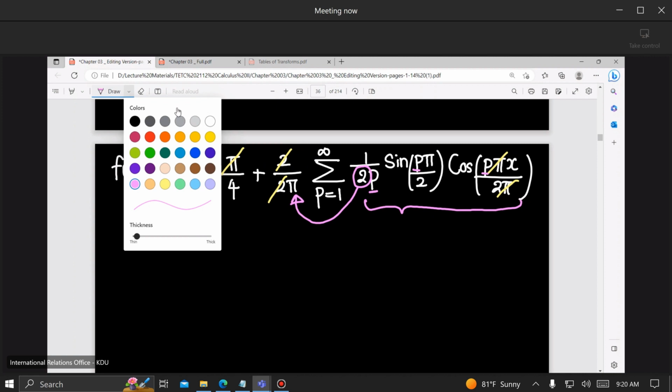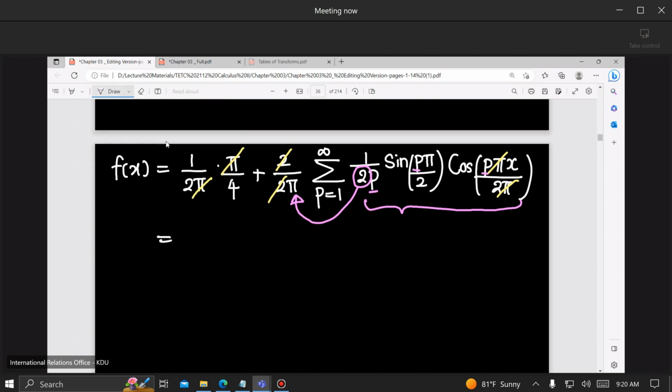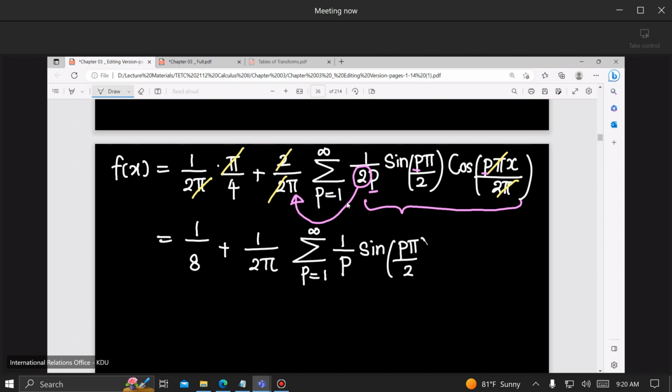So then we can obtain the answer as මෙතන 1 over 8 plus මෙතනින් මේ දෙක එළියට ආපුවම ඉතුරු වෙනවා 1 over 2 5 summation p is equals to 1 to infinity sin 1 over p එකක් ඉතුරු වුණානේ 1 over p sin p5 over 2 cosine px over 2. හරිද?